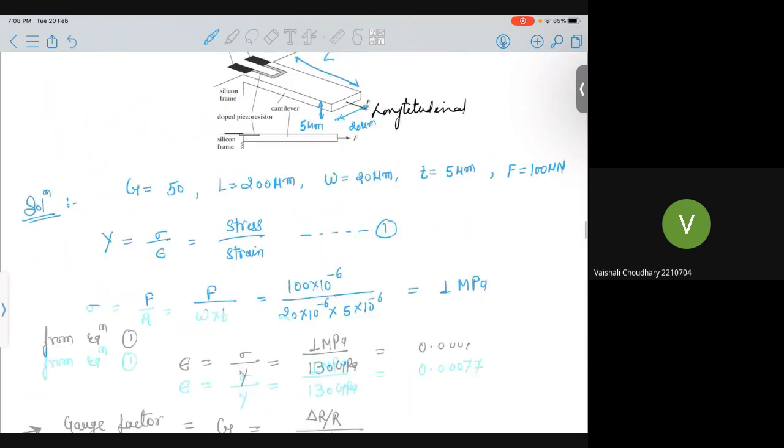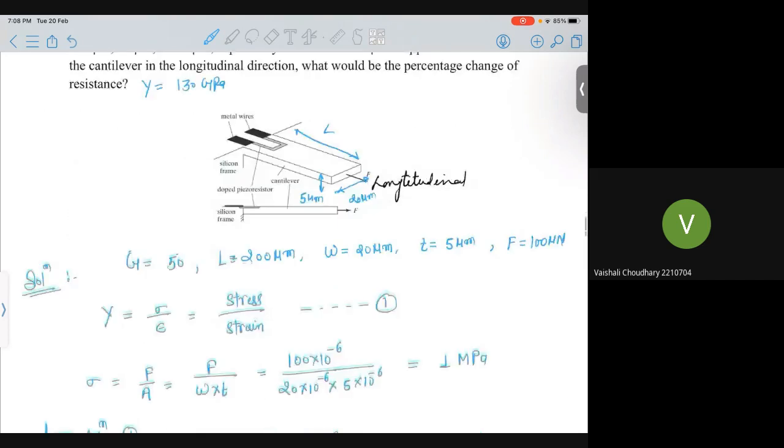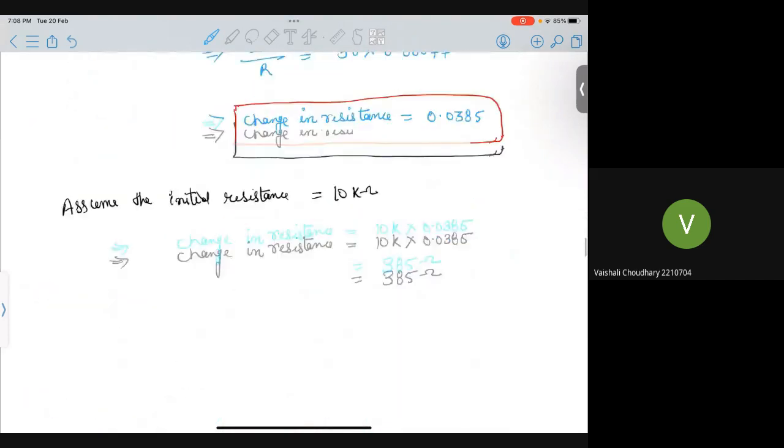So this is how we can calculate the change in resistance if we apply a force in the longitudinal direction.